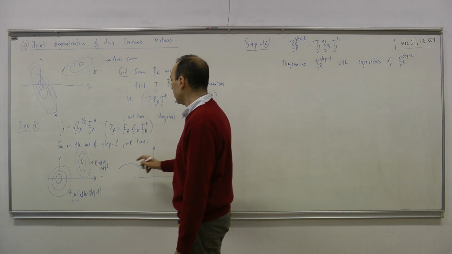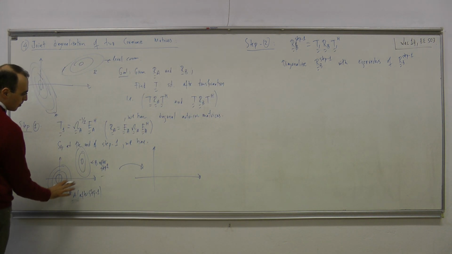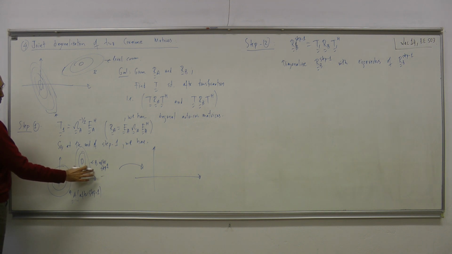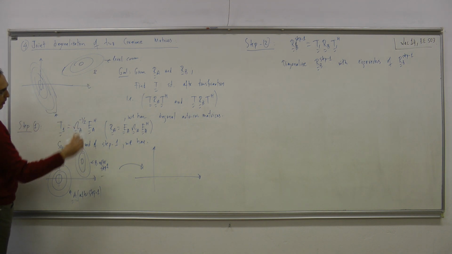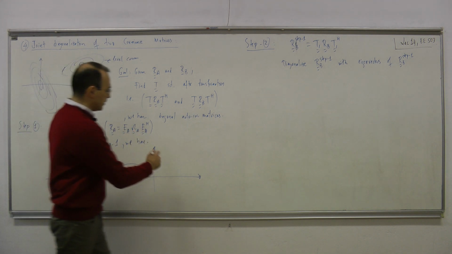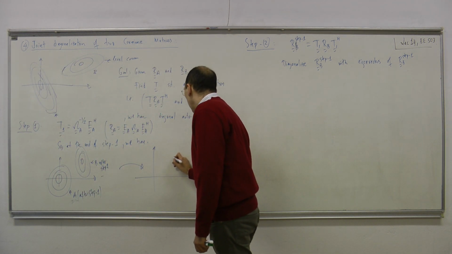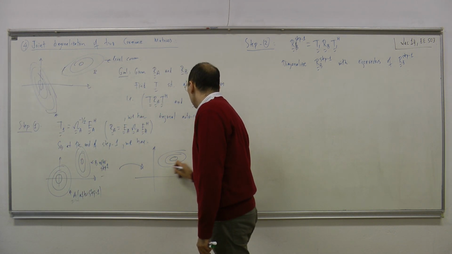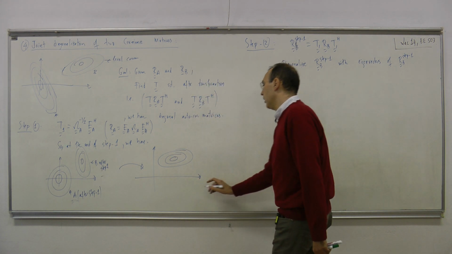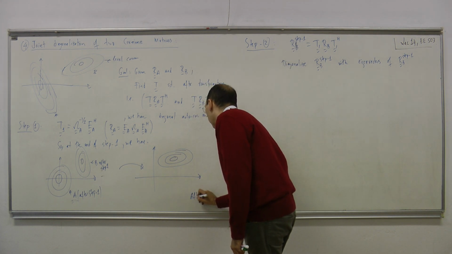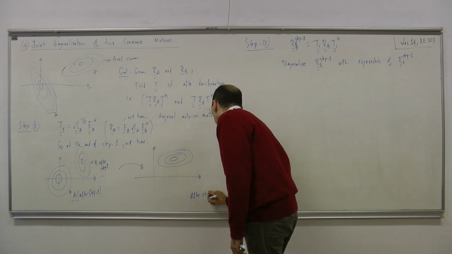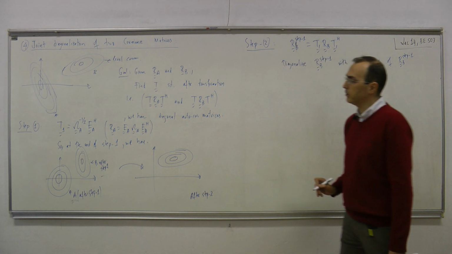And if I do this, forget about this one. If I find the eigenvectors of RB step 1 and use them as my basis, then this will also be aligned like this. Okay. So this is after step 2. Am I right?